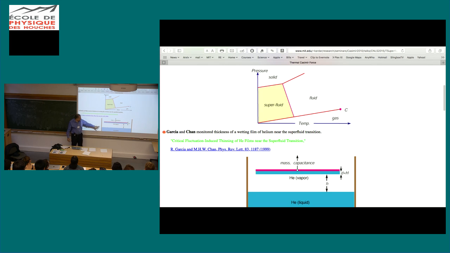Now, some of the helium actually jumps ship, leaves the liquid, and forms a wetting layer on top of this copper plate. Why does it do that? The reason for that is that helium is very weakly, because of weak van der Waals forces, attracted to itself, but much more strongly attracted to copper, because the typical strength of van der Waals interaction is proportional to the product of the atomic numbers.